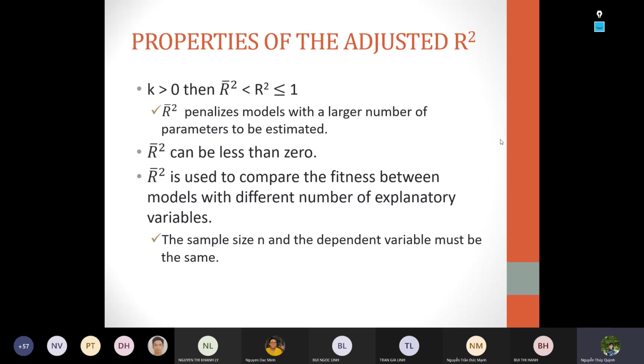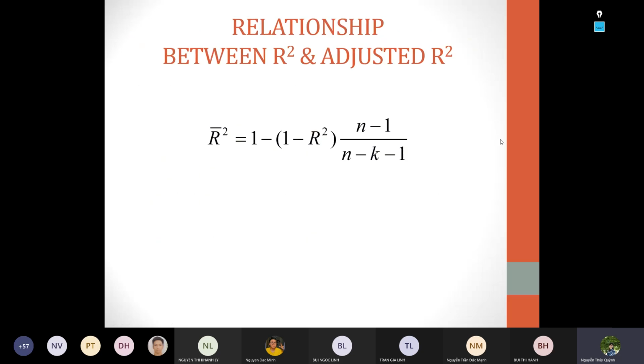And the relationship between R square and adjusted R square, we have discussed already.